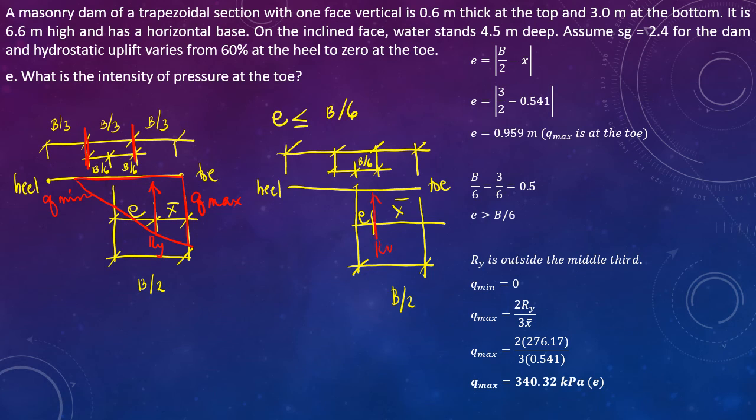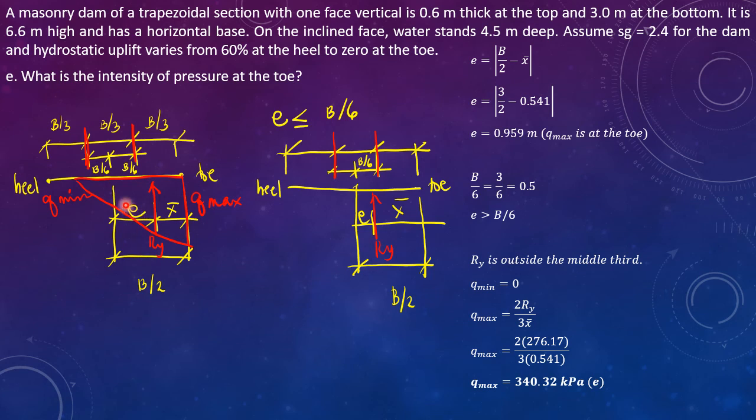Ry will be inside the middle third. So this is the case when your E is less than B over 6 or E is even equal to B over 6. So what will be the shape of our pressure diagram?